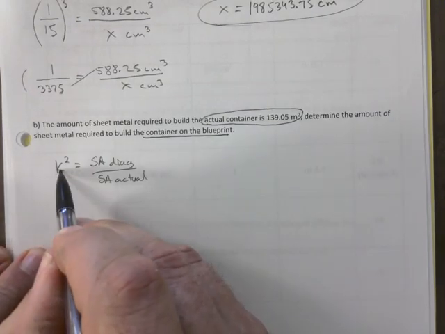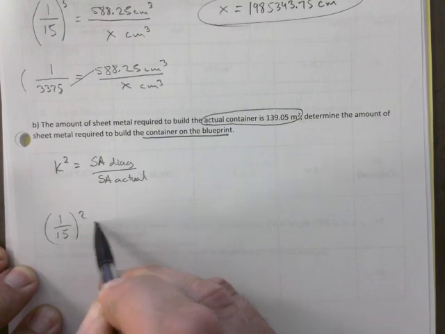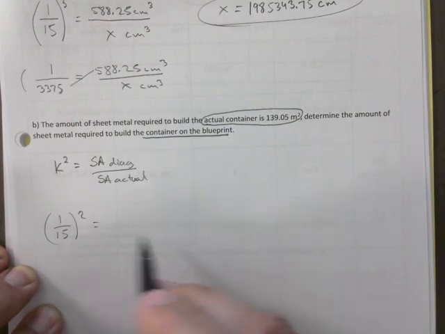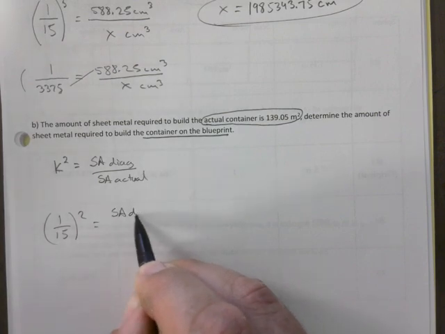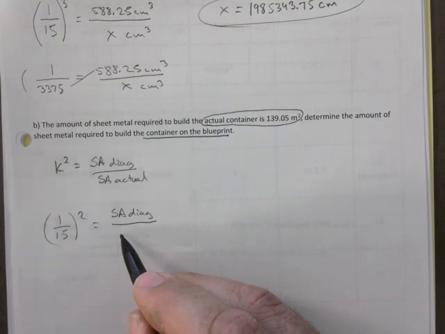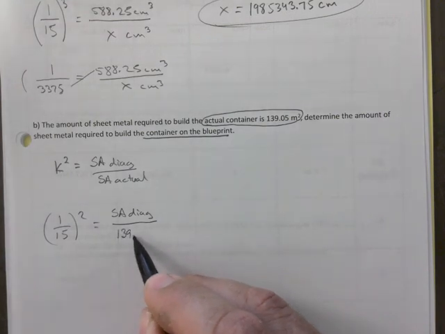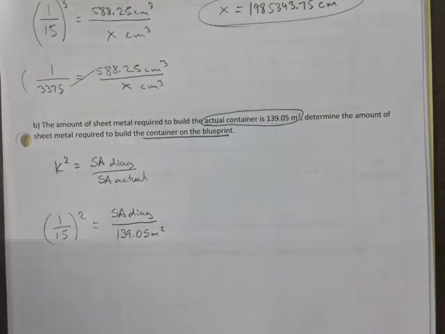And k hasn't changed. It's still 1 over 15. I'm going to square that. Surface area of diagram is unknown, right? That's what they're asking us for. So what we have is this bottom piece, which is in square meters.